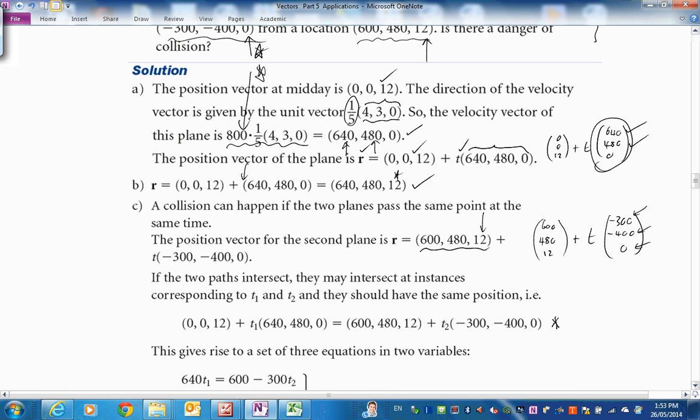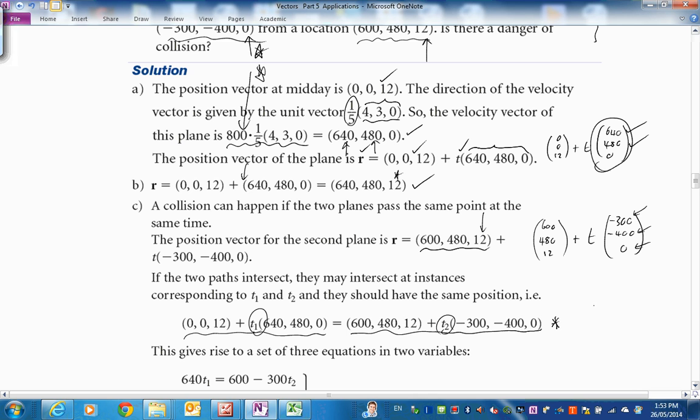So put the position vectors equal to each other. We should have called these R1 and R2. This was the first plane, here could have called that R1. This is the second plane. You might say, well, hang on, don't we have to have different parameters there? Because they're different bodies. No, you don't.